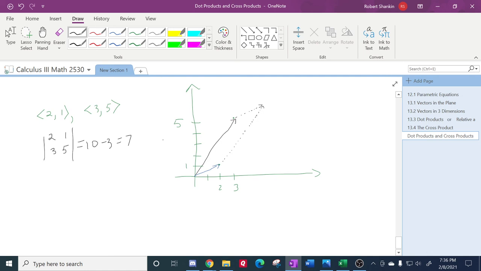The determinant gives you the area of the parallelogram that's in 2 space. If we were in 3 space and these were 3 different vectors, we would wind up getting, and we took the determinant of that matrix that comes from putting the 3 different vectors as the 3 different rows or the 3 different columns. You can do it either way.